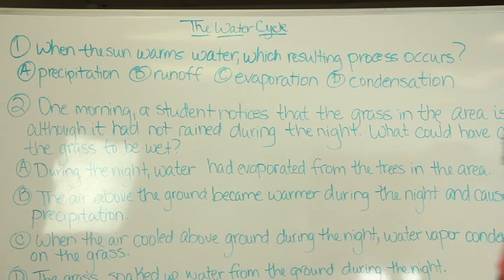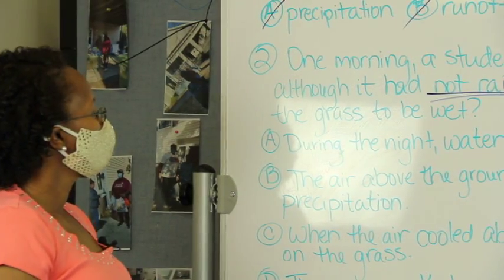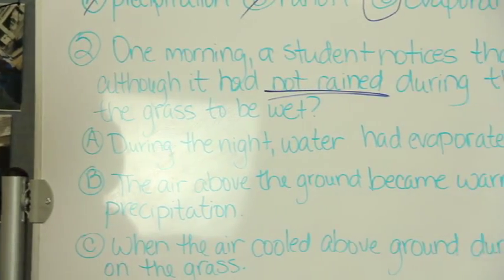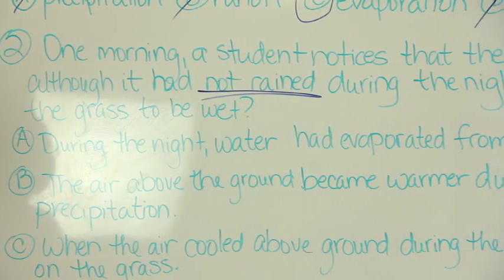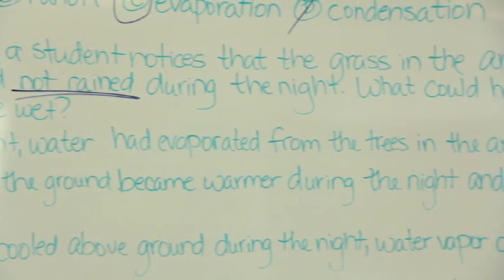So you need to find the answer that will let you know why the grass was wet. So let's look at the first one. A, during the night, water had evaporated from the trees in the area. So let's think about that.